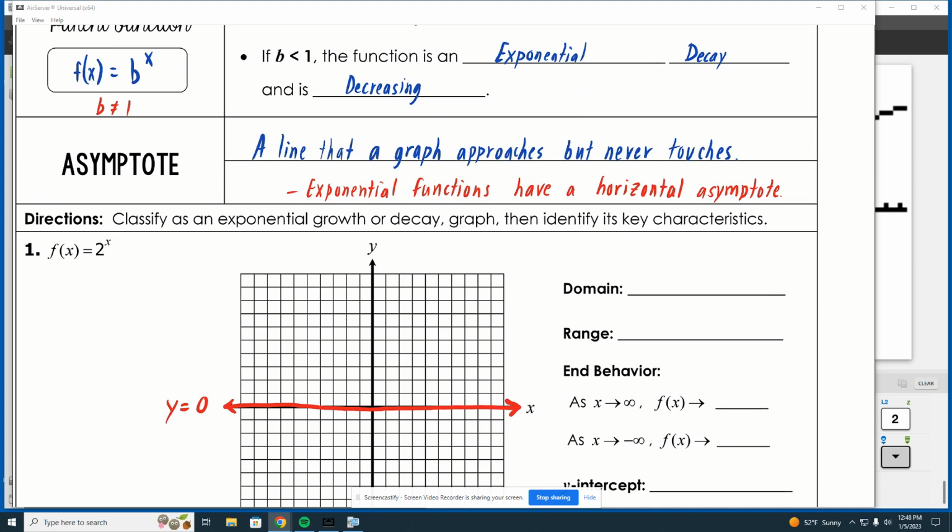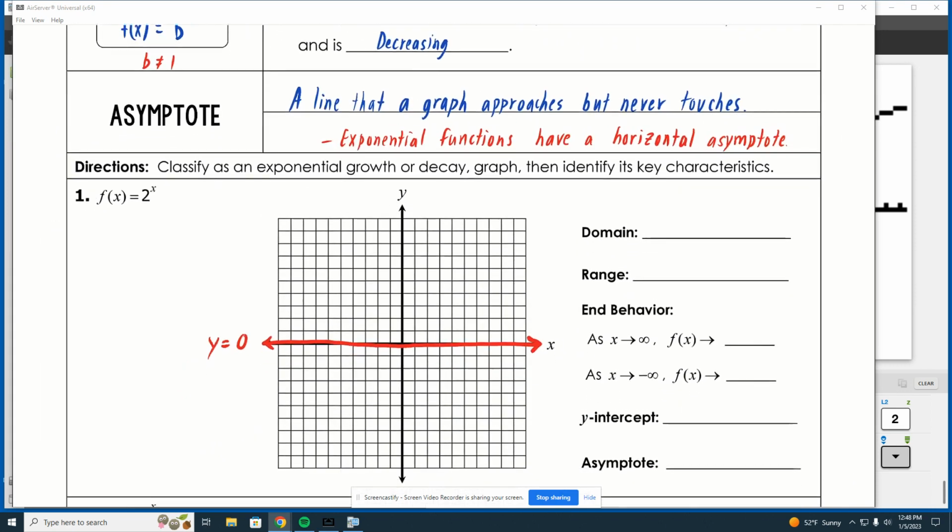It's a translation. Which kind? A vertical shift. A vertical shift changes the horizontal asymptote. Okay? Can y'all remember that? We'll get back to that in just a second.